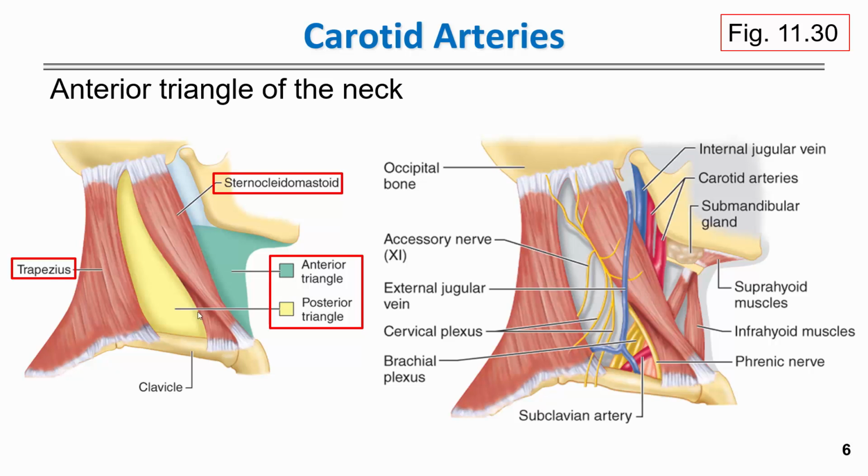And what we see here is a posterior triangle and the anterior triangle that is separated by the sternocleidomastoid, but also bordered by the trapezius on the posterior side.